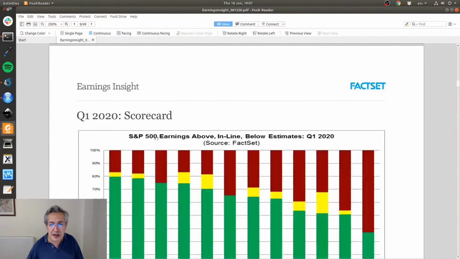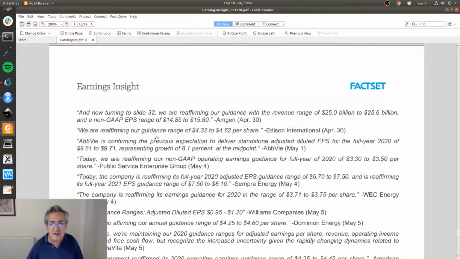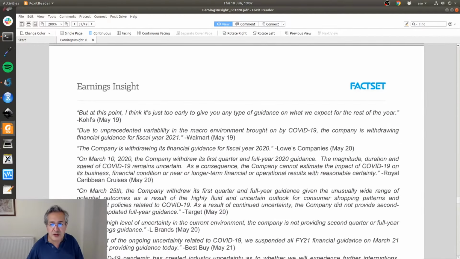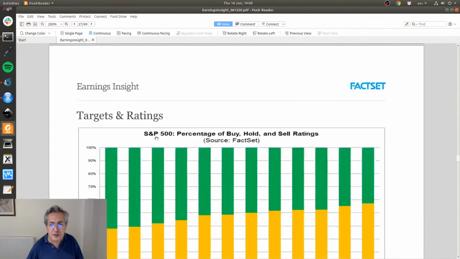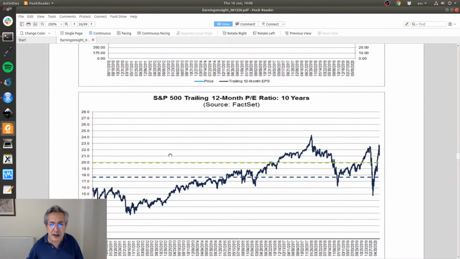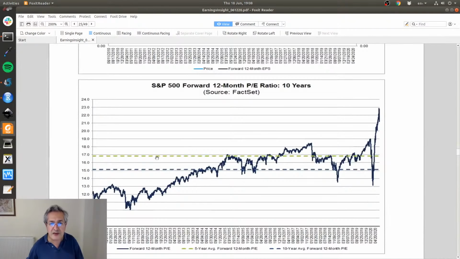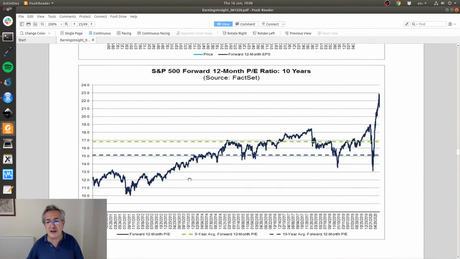And if we look at the S&P 500, so let's look at the forward price to earnings ratio. This is trailing, and this is forward. Here we go. So this is a 10-year history of the forward 12-month PE ratio.